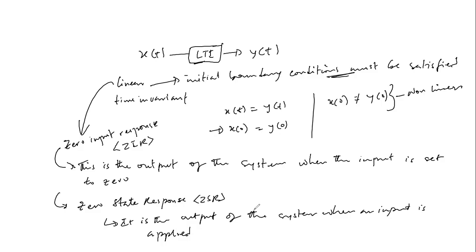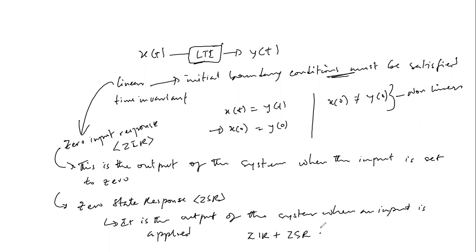So in other words, the general solution in terms of analyzing the LTI system therefore becomes the sum of the zero input response and the zero state response. Okay.